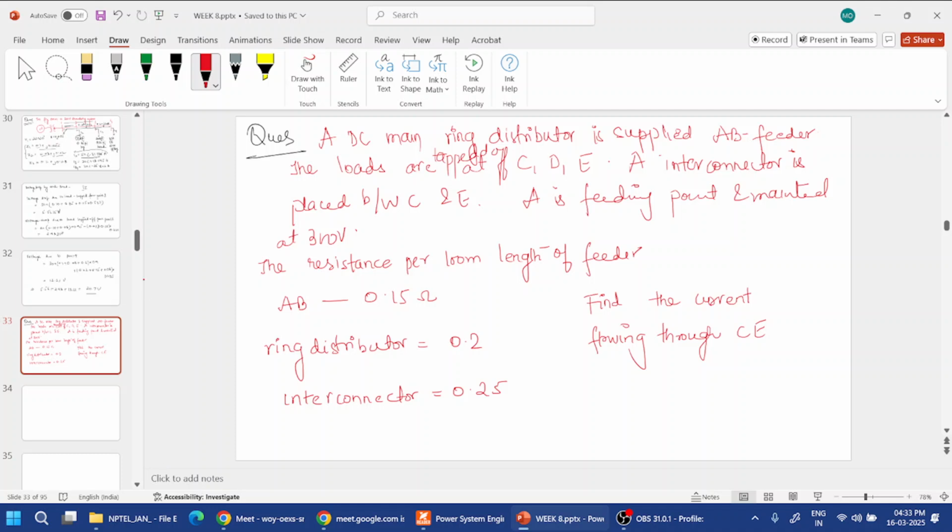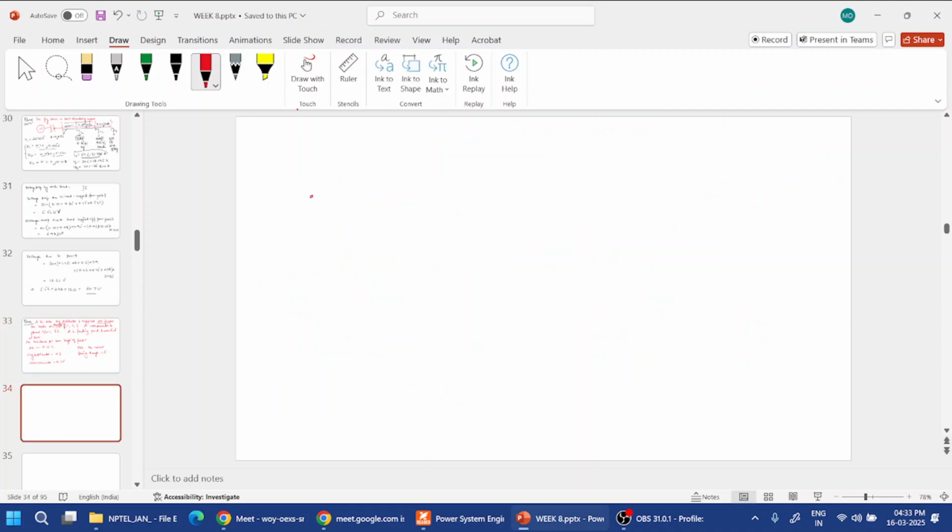There is a feeder AB. It is supplying a DC main ring distributor. I will draw that feeder first. This is A, this is B, and this is a feeder of length 250 meter. Then it is supplying the DC main ring distributor.